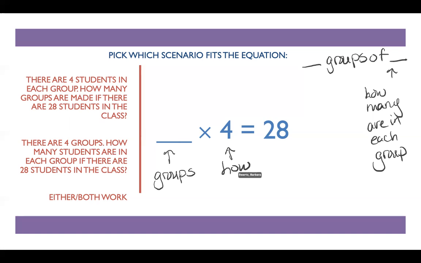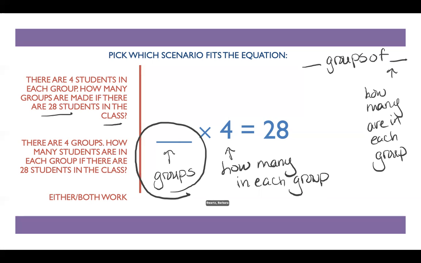But when we're thinking about questions like this, paying attention to those things that we never paid attention to before is really important to help us understand not only multiplication, but what we're talking about this week, which is division. And that's why it's really important. So if we think about this as blank groups, our blank is in the groups.